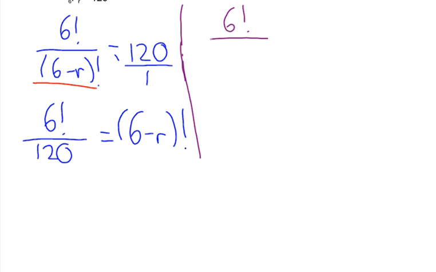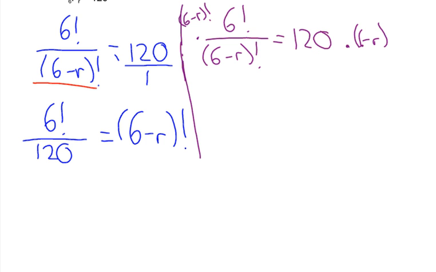So we have 6 factorial over 6 minus r factorial equals 120, right? What you do to the left side, you have to do to the right side. So if we multiply the left side by 6 minus r factorial, and we multiply the right side by 6 minus r factorial, where can we cancel out?